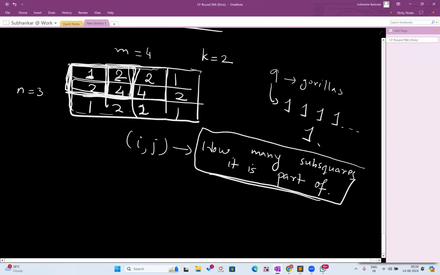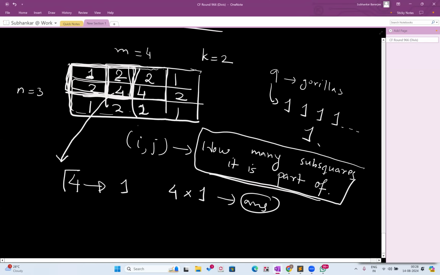And now, whichever cell has the maximum value of this, that is the contribution that will be added. If I place a gorilla with height 1 in this cell, then 4 into 1 will be added to my answer. Suppose this cell is considered, it is a part of 4 subsquares.